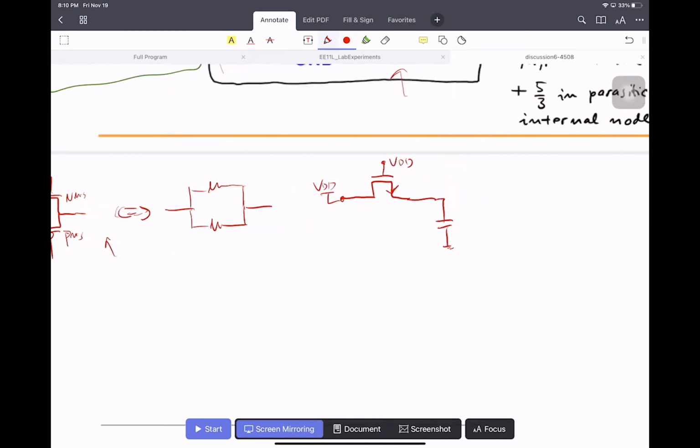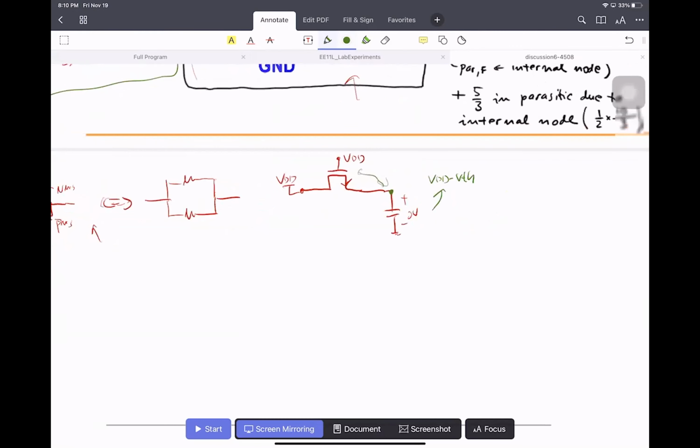What will the output voltage be if it's initially 0? At the end, it can only be charged to VDD minus VTH, because when the output is VDD minus VTH, the VGS is VTH, so it is in the cutoff region and no more current can flow through this NMOS.